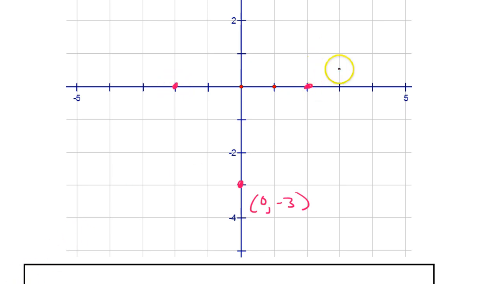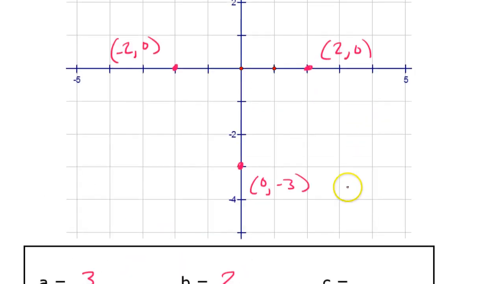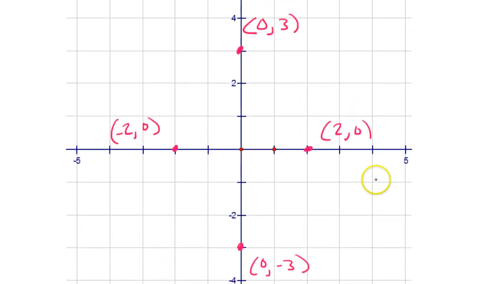All right, these are my co-vertices, negative 2, 0, and 2, 0. Okay, that's enough information for us to be able to graph the ellipse. So let's go ahead and do that. Boom.